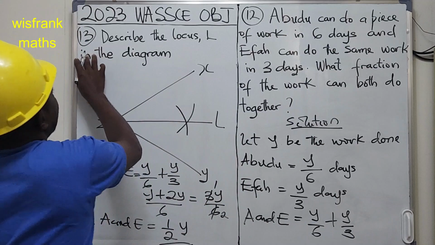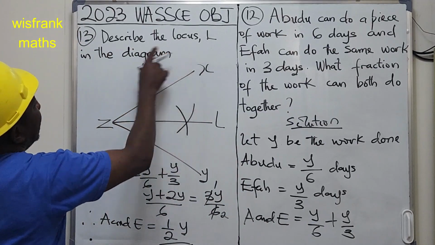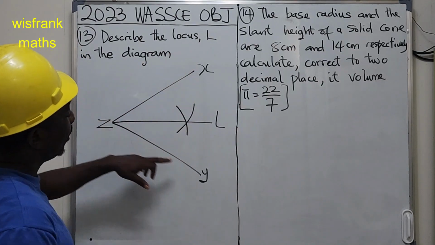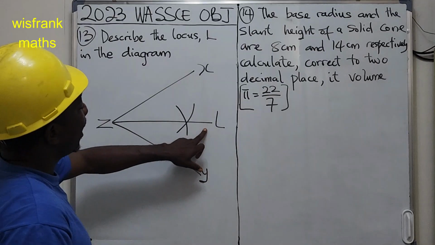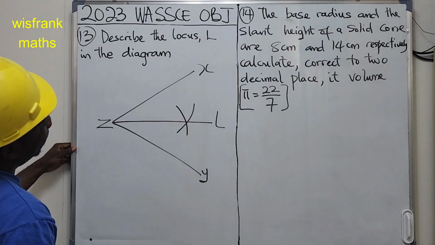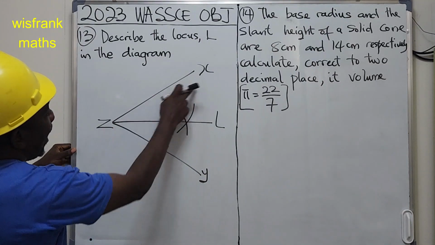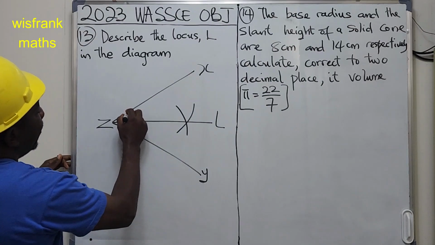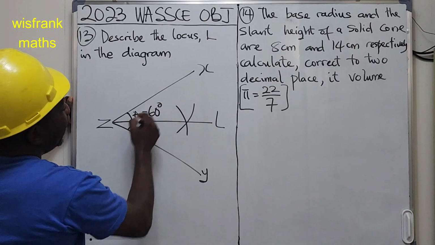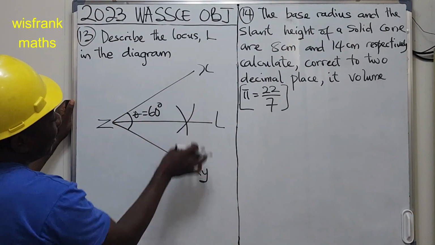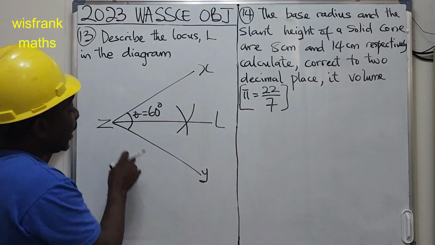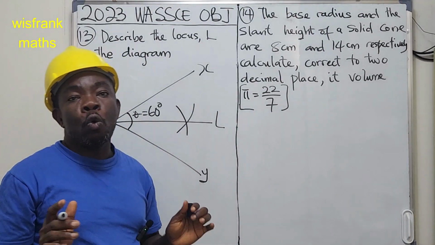Then number 13: describe the locus L in the diagram. So we have this diagram with angle XZY, and a locus at L. We are asked to describe the locus, that is the line L. As we see, the angle YZX has produced this angle here, let's say theta, and if this theta is 60 degrees and this line is bisected by the line L, that means the angle will be divided into two equal parts.